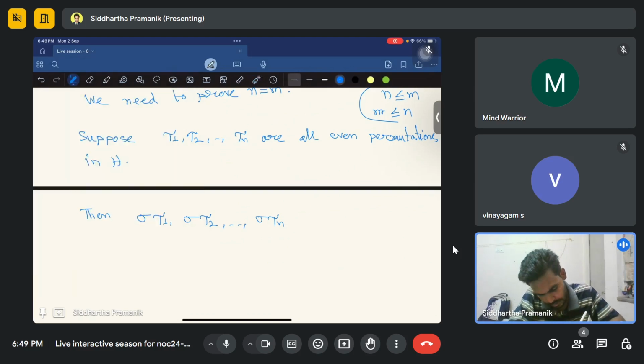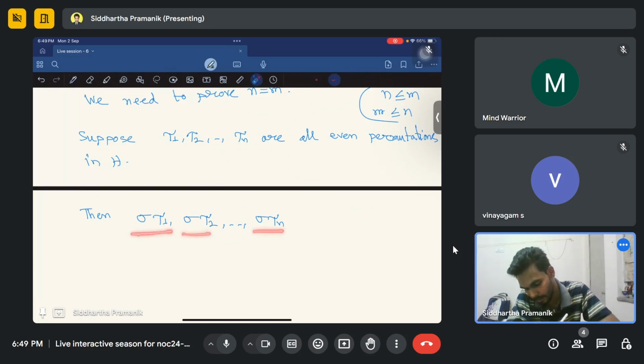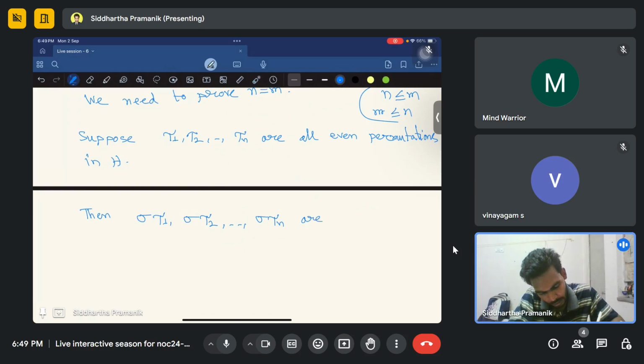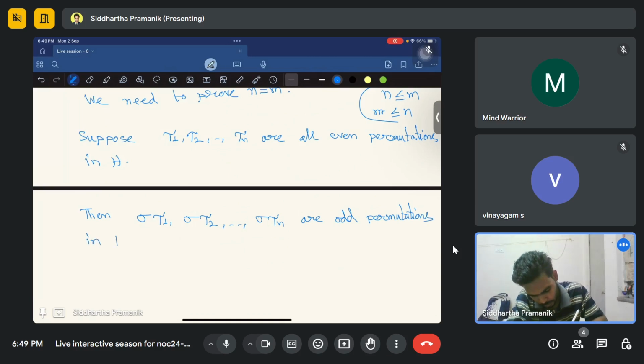So these elements sigma tau 1, sigma tau 2, sigma tau n are odd permutations in H.